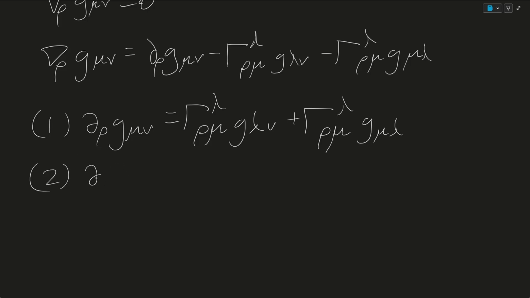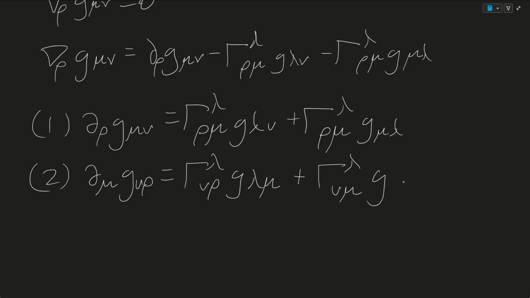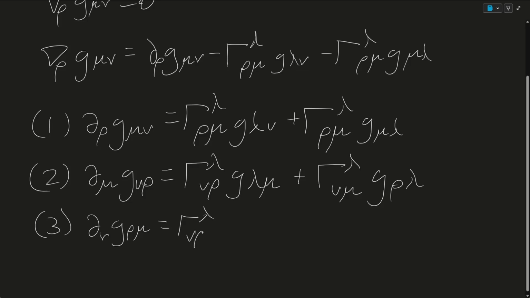So that's the partial mu g nu rho is equal to this gamma g lambda mu plus the symbol g sub rho lambda, and then our third permutation would be partial nu g sub rho mu is equal to Christoffel gamma super lambda mu rho g sub lambda mu plus, is that correct?